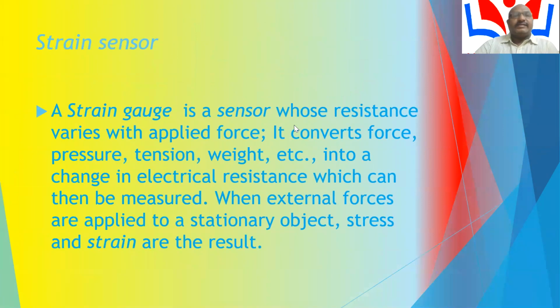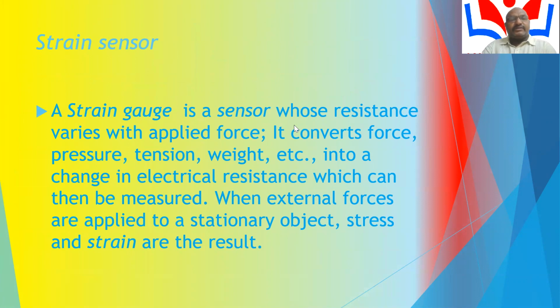What is a strain sensor? A strain sensor is one whose resistance varies with applied force. It converts force, pressure, tension, weight, etc. into a change in electrical resistance, which can then be measured.